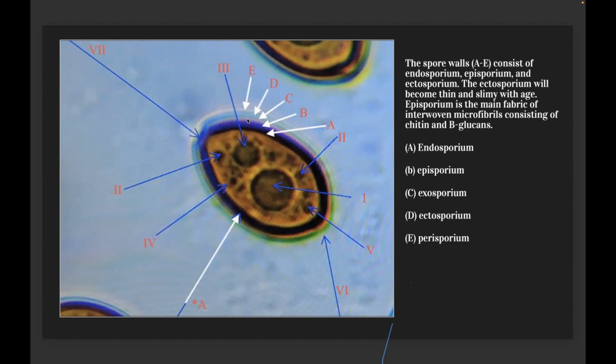It's like a fabric, and they're made of five different layers. We'll just roll through them: the endosporium, episporium, exosporium, ectosporium, and perisporium. Basically, these are made of chitin and beta glucans. That's their composition.